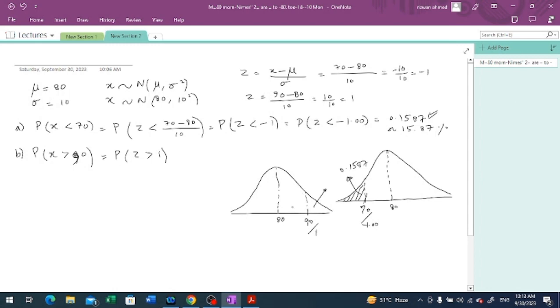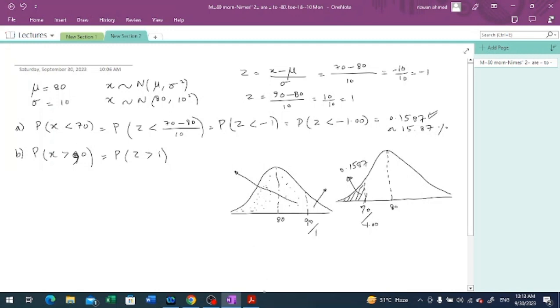So when we check the z table for the value of 1, it would give us this entire area, what I am indicating with dots. The area below it would give us the entire area below 1.